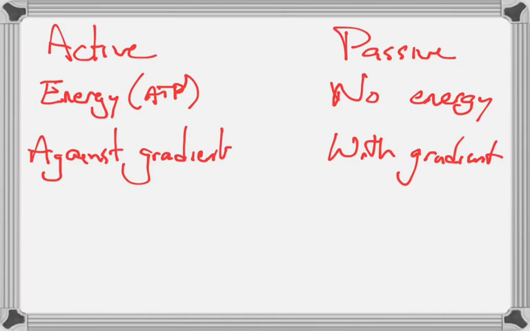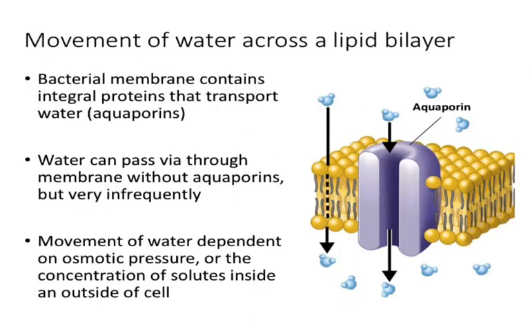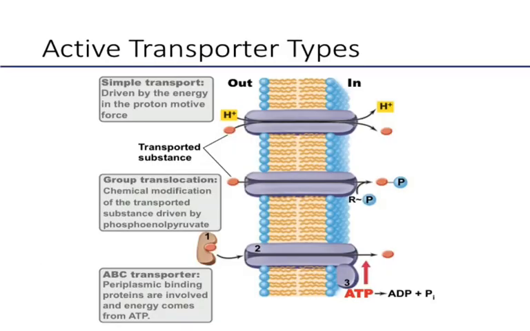Oftentimes when we see active transport, I'm going to pull up an example a couple slides down here. Here are 3 of them. When we see these mechanisms of active transport, it's often because these molecules are in trace amounts outside in the environment, and bacteria are trying to bring them in to support growth.